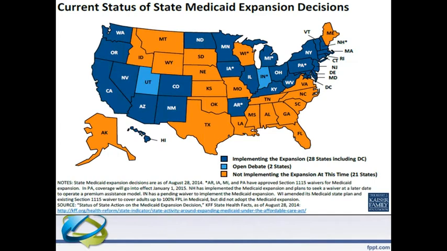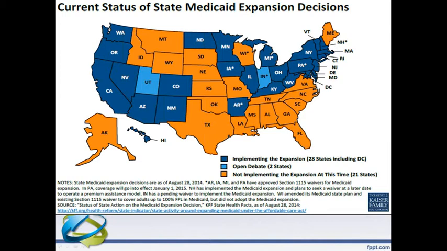So let's look at which ones are impacted the largest. Obviously, the states that have the Medicaid expansion are the ones that have had a shift from self-pay into Medicaid. The ones that have not implemented haven't seen as large a shift.